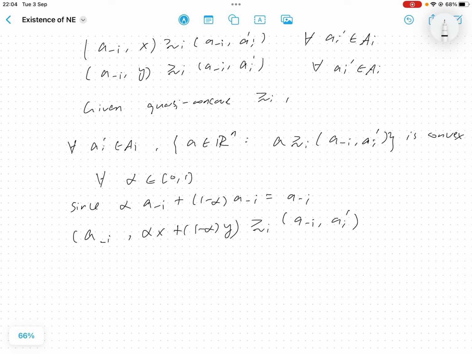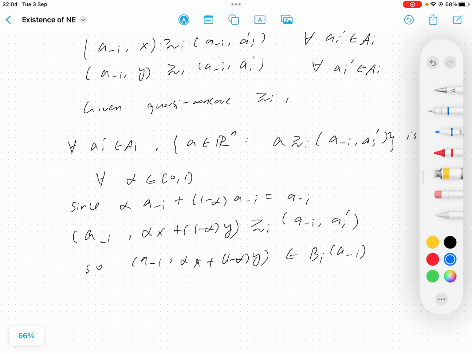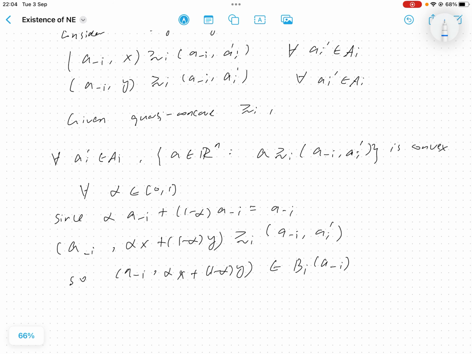So (a_{-i}, alpha x plus (1 minus alpha) y) has to be an element of the outcome set of the best response correspondence B_i for player i, given a_{-i}, right? So from here, let's have some notes.